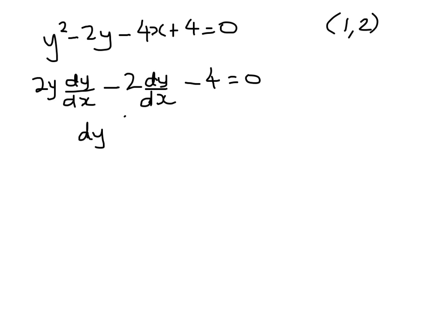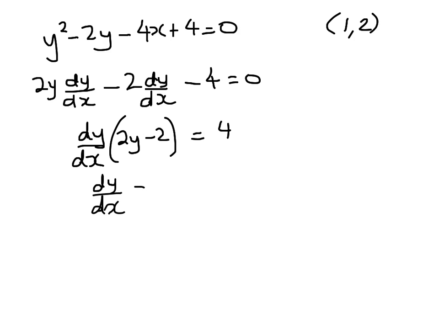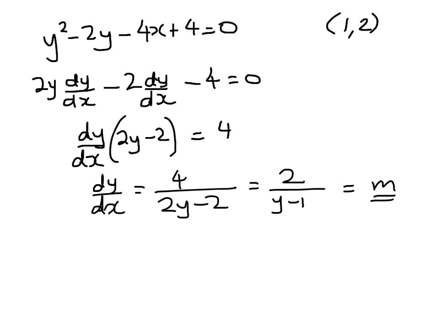Collecting up terms, dy by dx into 2y minus 2 equals 4. So dy by dx is equal to 4 over 2y minus 2, which is the same as 2 over y minus 1. So that's going to be my m in my straight line equation, which is this one here.